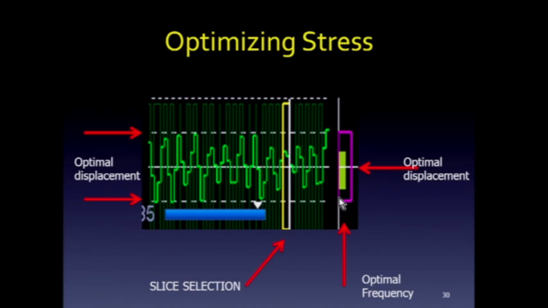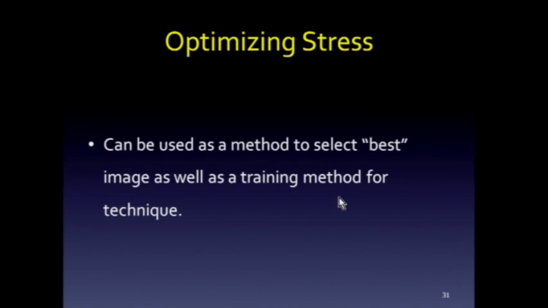And that's telling you that you're applying the optimal strain in that image to, again, give you most consistent and accurate results. And again, you can use this as a method to detect the best image as you're moving along. And also it's real time, so you can look to see how your yellow box fits into the purple box and practice getting the appropriate technique for your system.